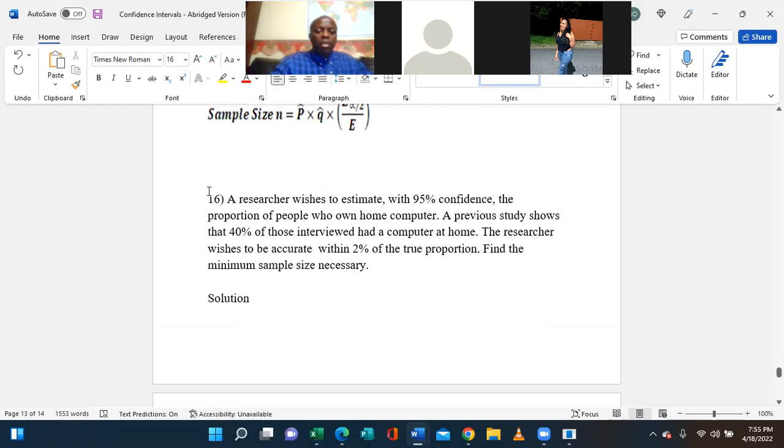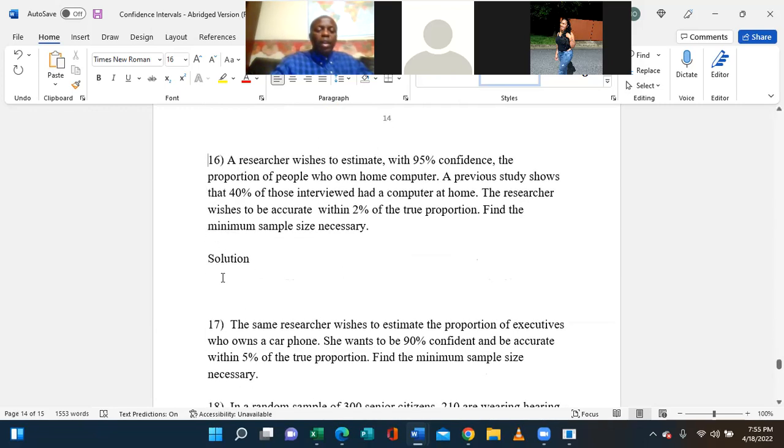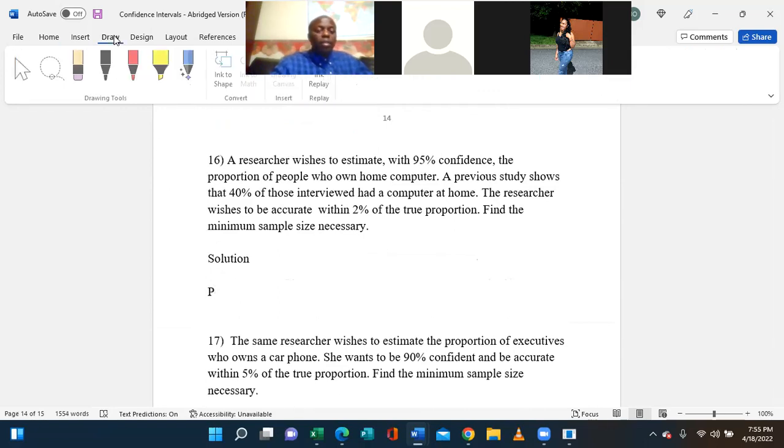Let me move this down so we can write our result: p hat, p with the hat. It is 40%, which is 0.4.